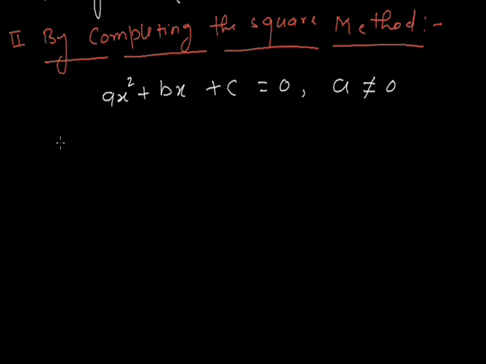When we multiply by 4a on the LHS and RHS, meaning left hand side and right hand side, we get 4a square x square plus 4ab x plus 4ac equal to 0.